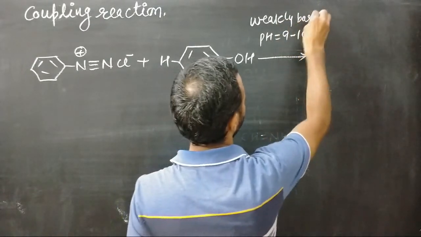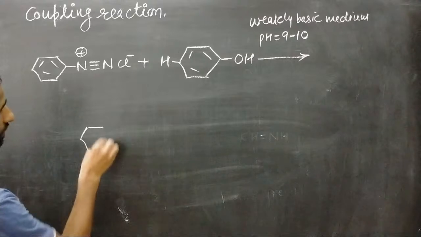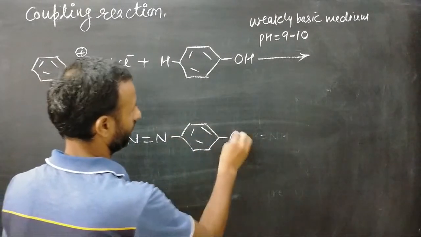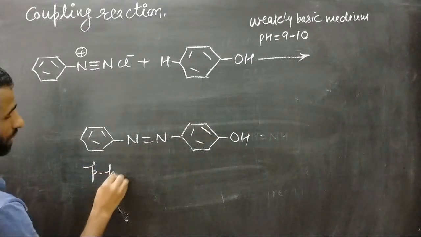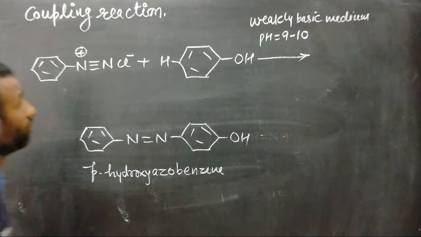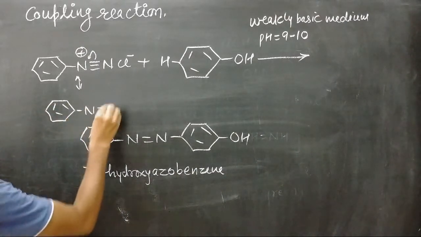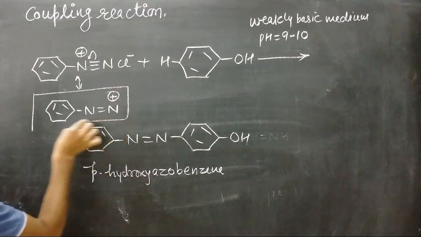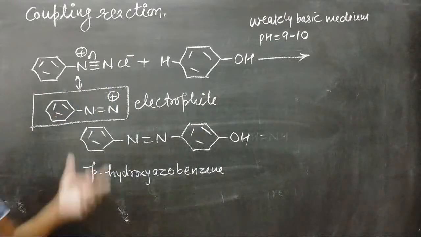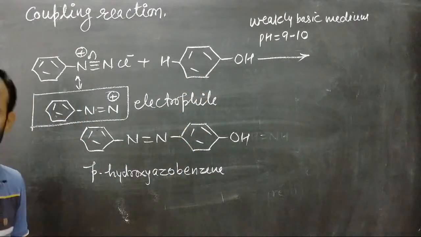In weakly basic medium, we get para-hydroxy azobenzene, because this one will give this one as an electrophile, and this electrophile being bulkier will attack at the para position with respect to OH, and we get para-hydroxy azobenzene.